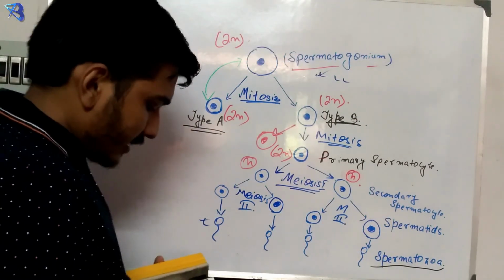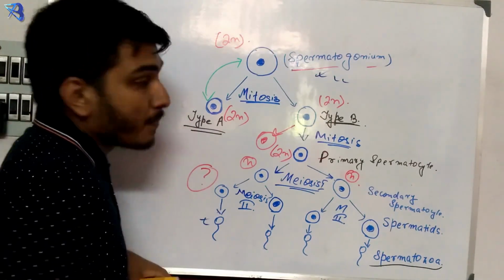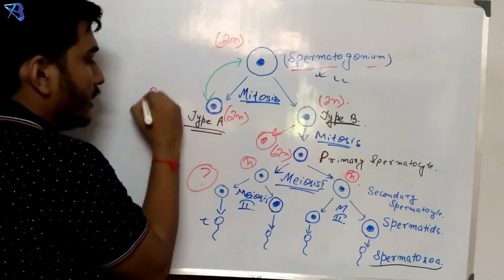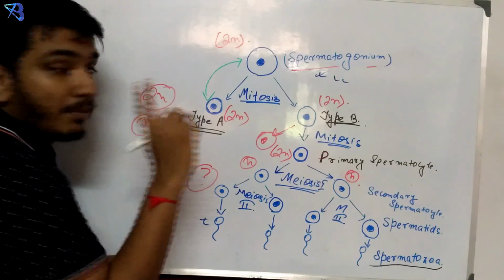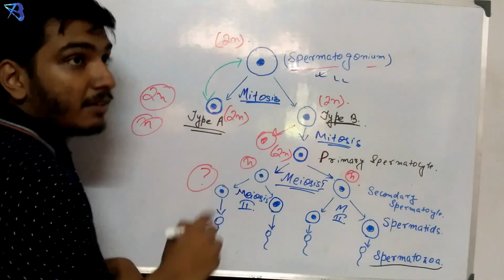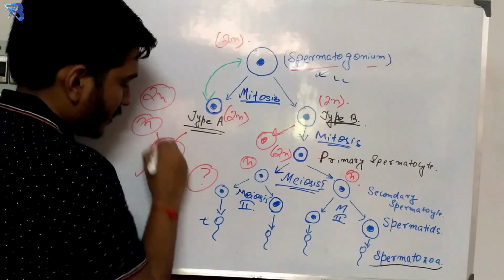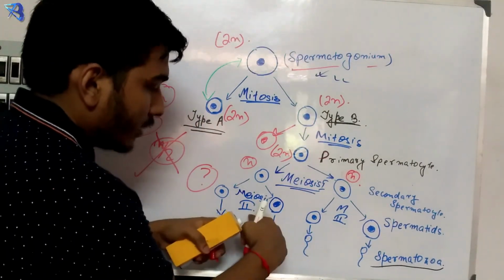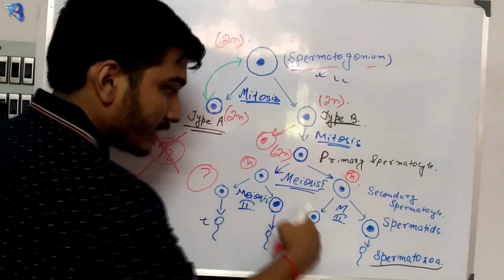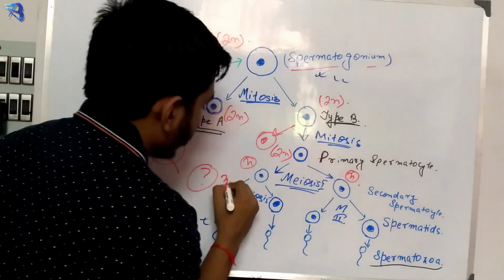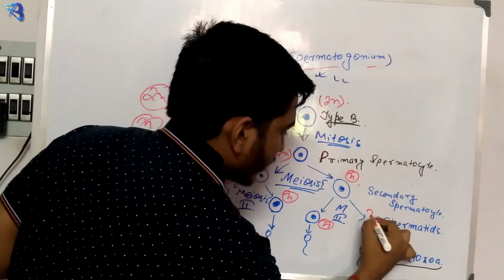But the question is what is the chromosomal content here? In mitosis we have seen 2n. After meiosis 1 we have seen n. After meiosis 2, will it be n by 2? This is never possible. Meiosis 2 is similar to the process of mitosis only. So the chromosomal content in the spermatids will also be n, n, n and n.